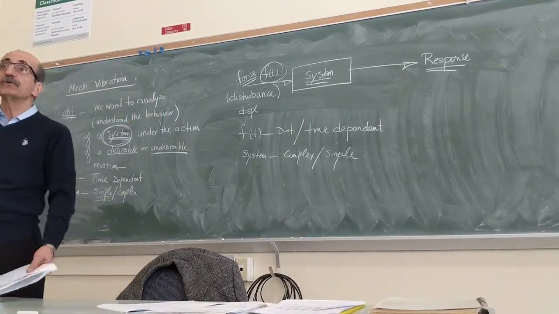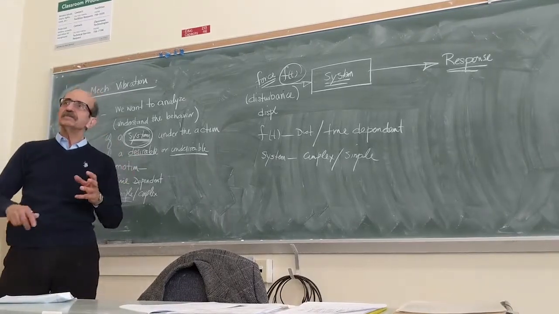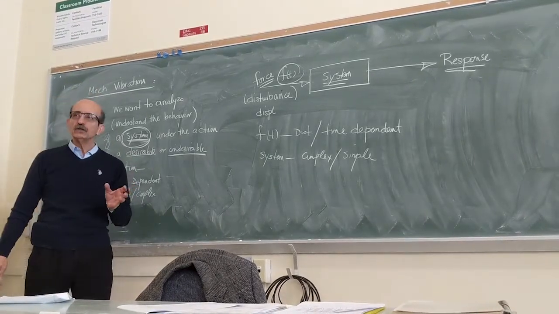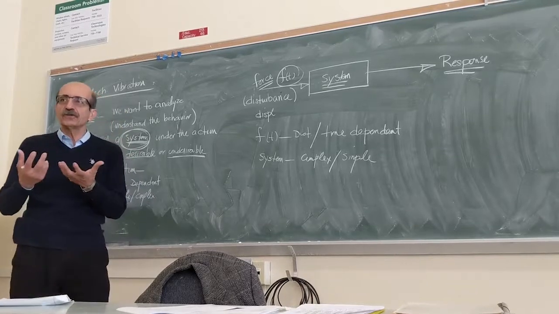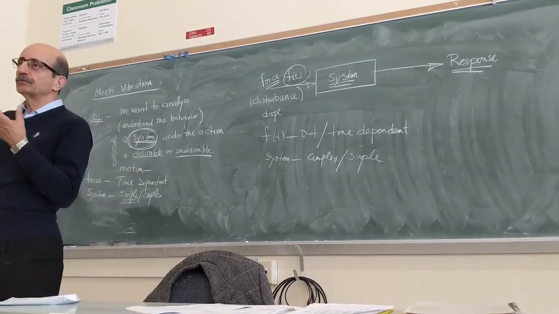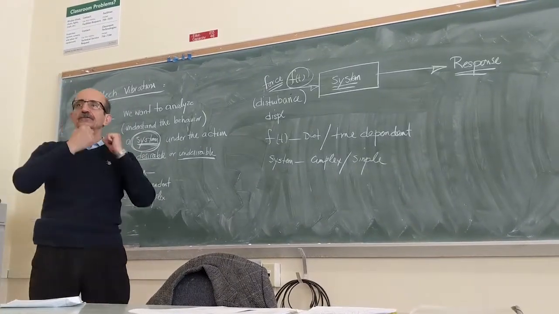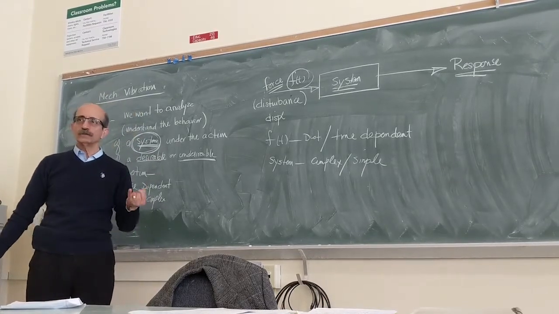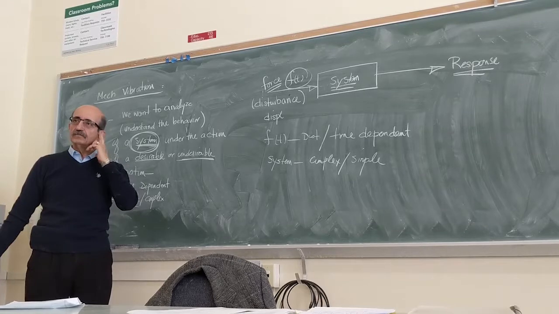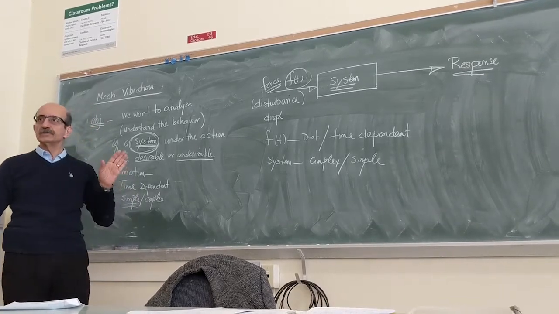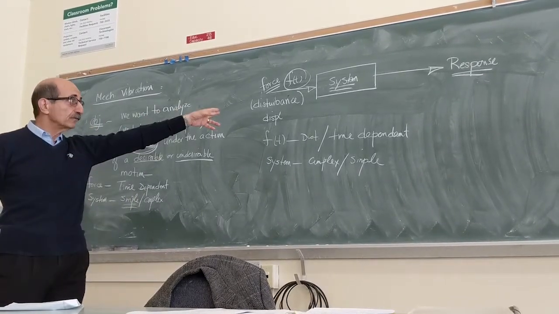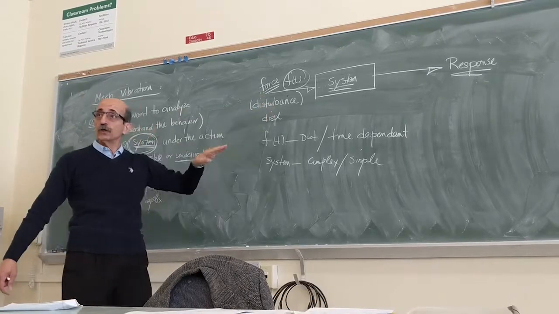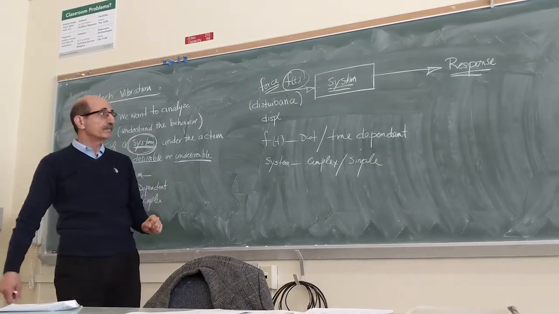And any real physical structure has, in general, as we will see, no more than 3 major inherent properties or characteristics, which are mass, or the inertia of the system, which is basically as a result of the action of the force moves in certain direction.